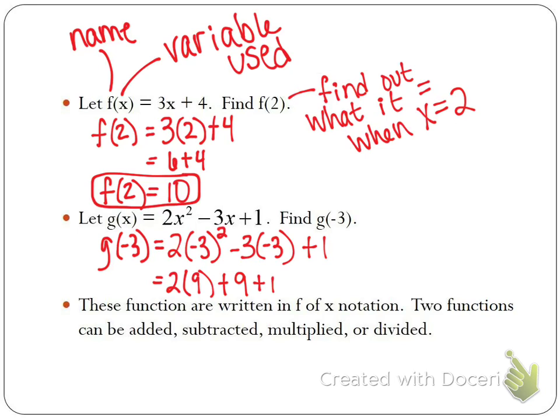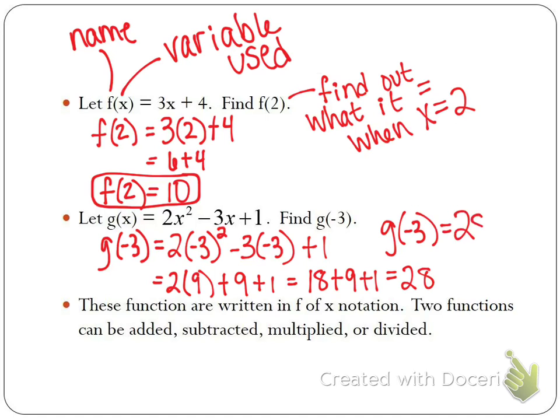Positive 9. So it changes to a plus sign and then plus 1 on the end. Next we multiply. 2 times 9 is 18 plus 9 plus 1. Now it's all addition. We get 28. So g of negative 3 is equal to 28.